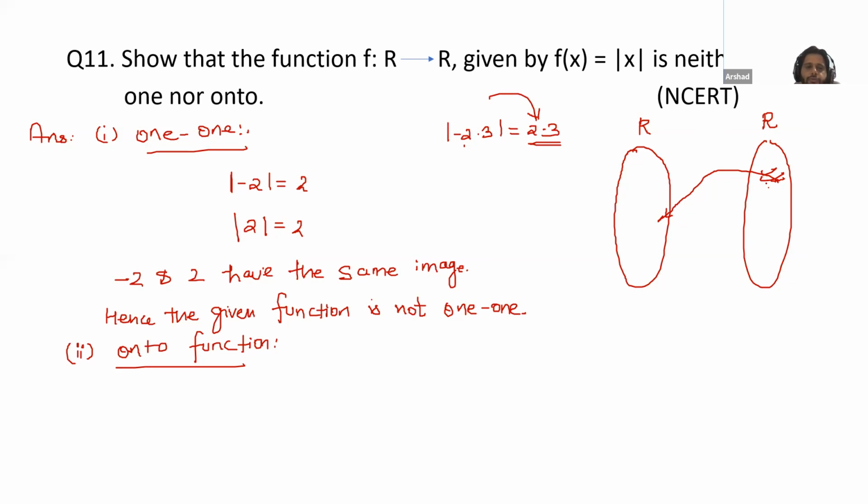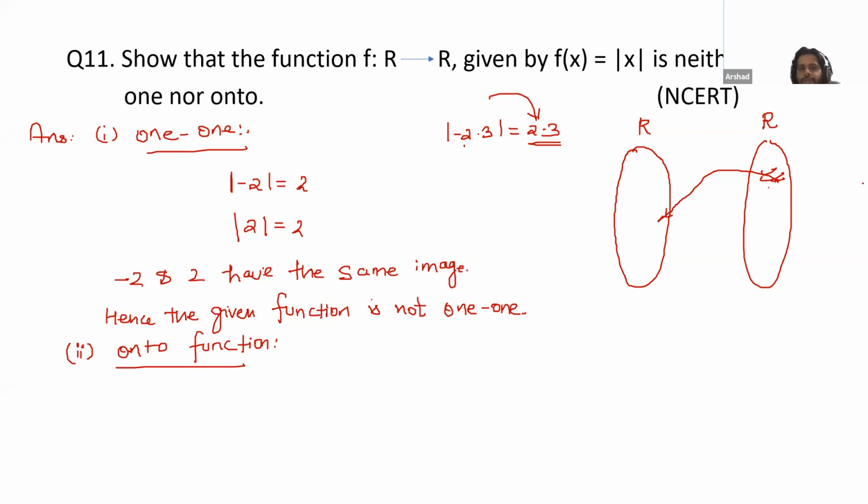Yes, Ananya, what's the answer? Ananya, what is the answer? You have raised your hand. Anyone? Fahad, Rifat, Abdul.